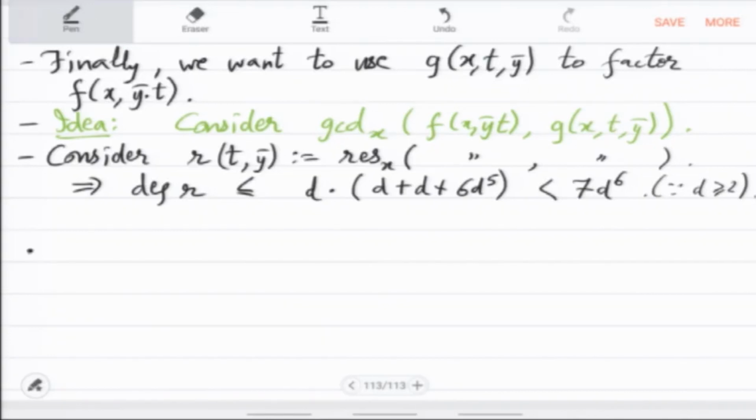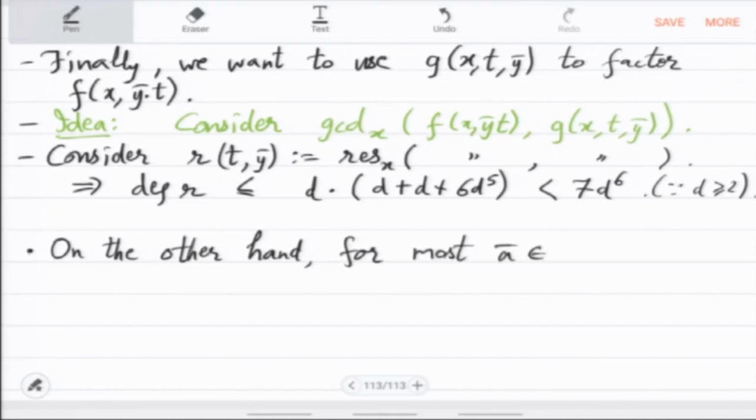Now on the other hand, for most a bars, you know that R at a bar vanishes. Why is that?